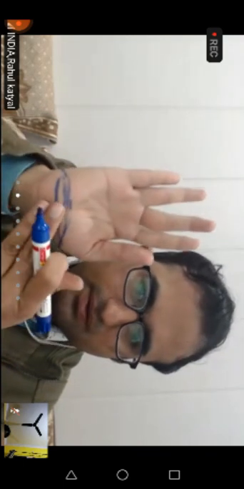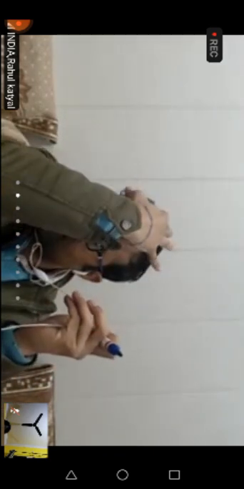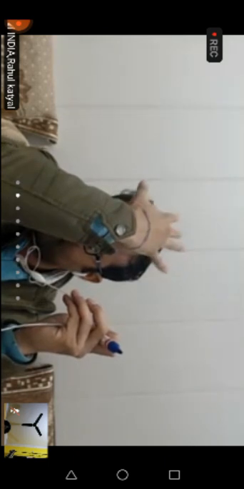From here, you take one and a half finger and mark a line, and this line is on the forehead at the level of the anterior hairline. Then you place your hand like this. The middle finger would be in the center, corresponding to the nose. Then you put the hand like this.